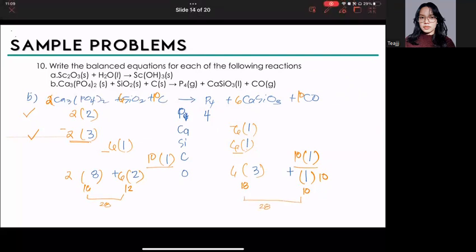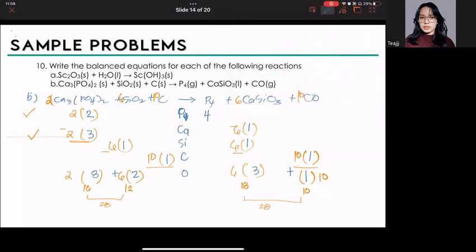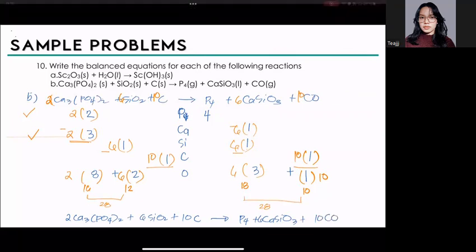So our balanced equation would be 2Ca3(PO4)2 plus 6 SiO2 plus 10 carbon gives you P4 plus 6 calcium silicate plus 10 carbon monoxide. So that's our final balanced equation.